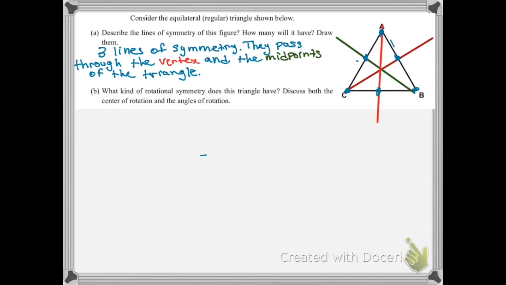Now let's look at rotational symmetry, right? Because we are familiar with lines of symmetry, but we also have rotational symmetry. Does this triangle have any rotational symmetry? Okay, so I want to rotate B so that it goes to point A. And similarly, I want to rotate A so that it maps onto C. That's how this rotational symmetry is going to work.